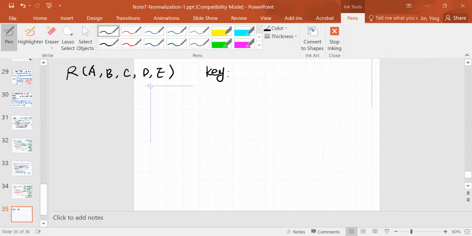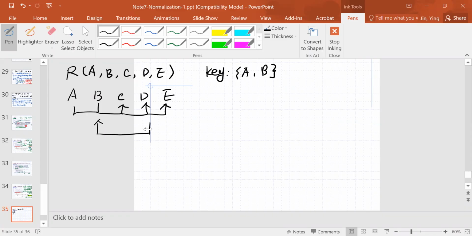I give you the key first: that's A and B. Okay, the question.